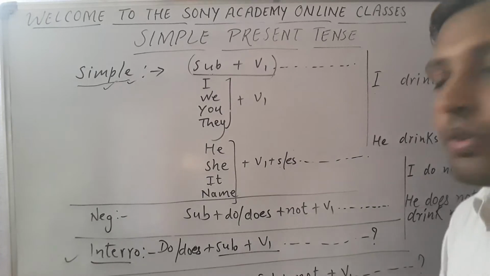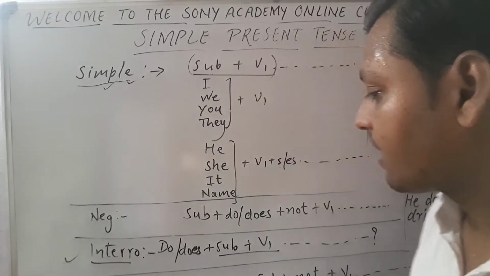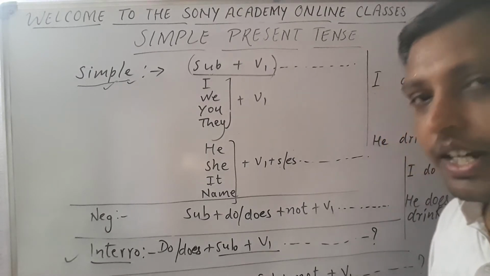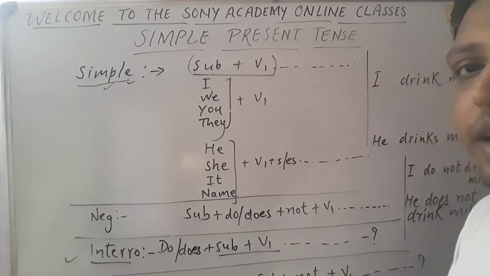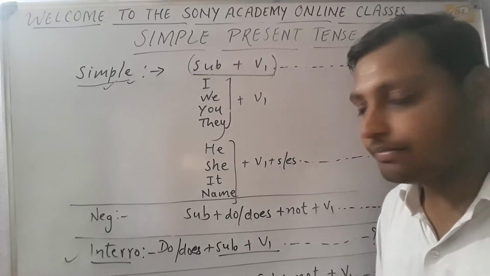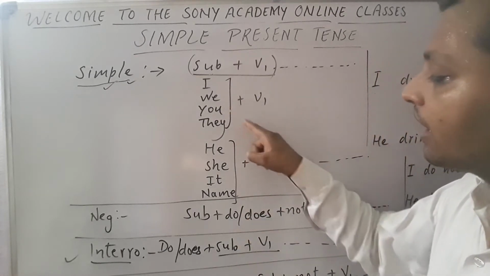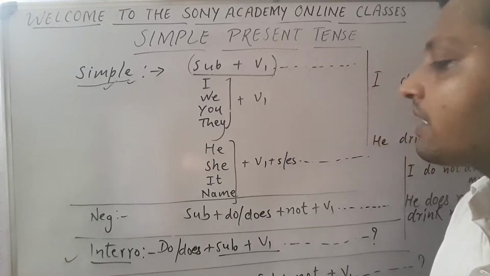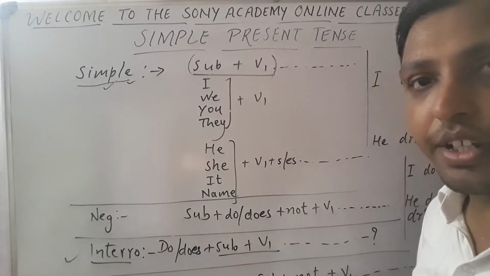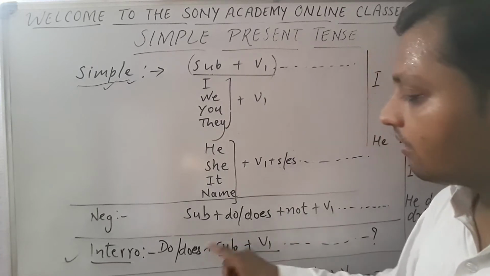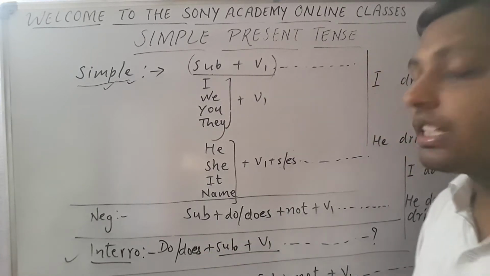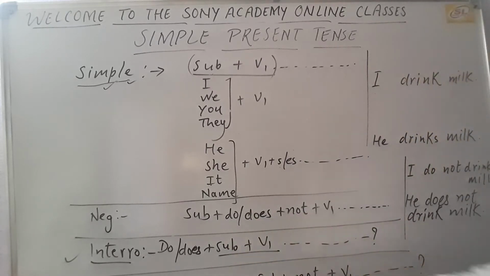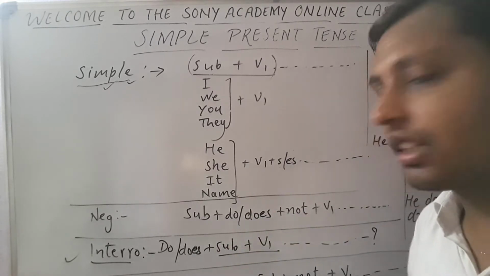Now let us talk about the interrogative sentence. Interrogative sentence starts with the helping verb. Helping verbs are the same, do and does. If the subject is I, we, you, they, we should start the sentence with do. And if the subject is he, she, it, name, we start the sentence with does.